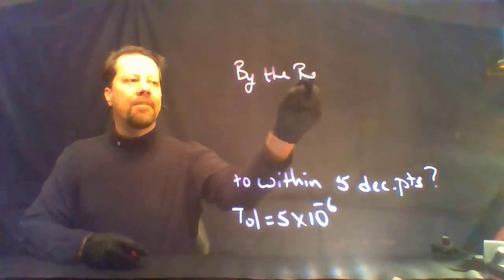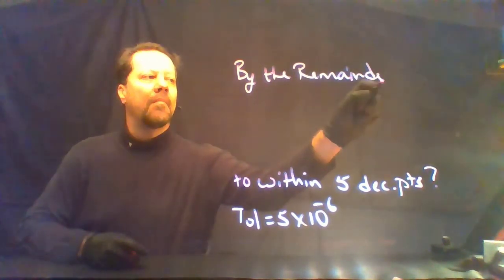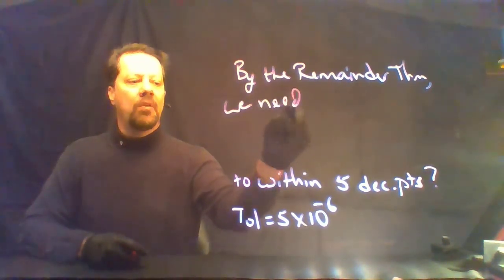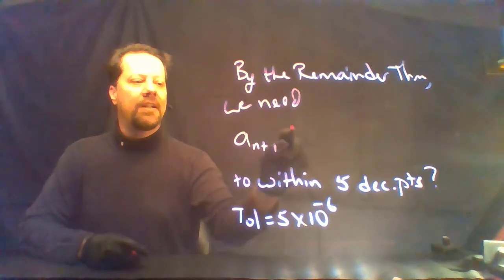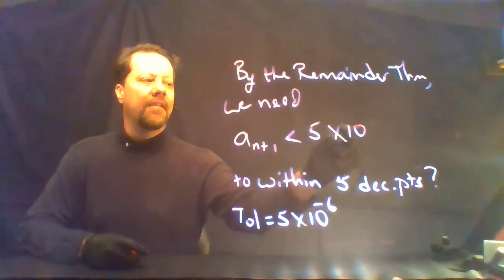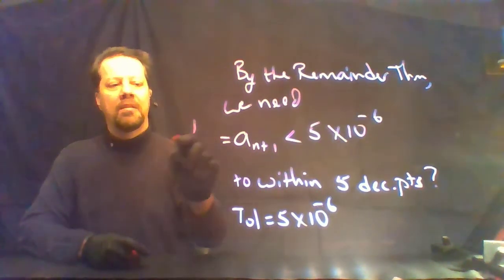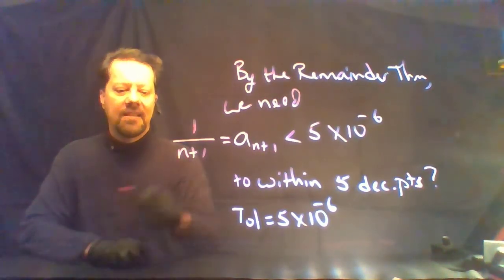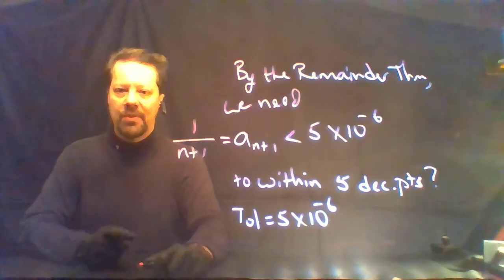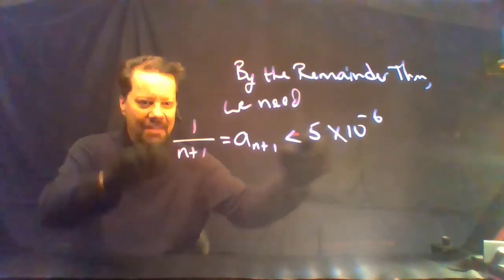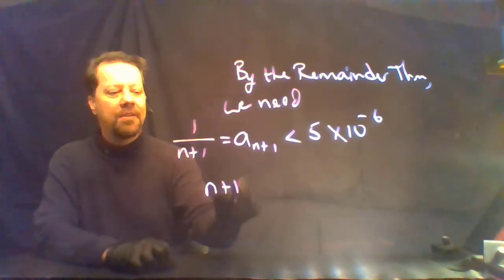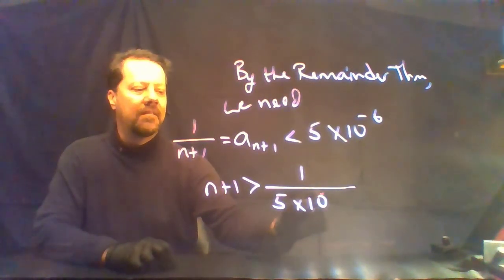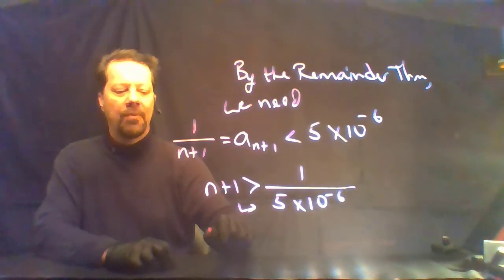By the remainder theorem, we need a_(n+1) to be smaller than our tolerance for error. But a_(n+1) is 1 over n plus 1, since a_k was 1 over k. Taking the reciprocal on both sides reverses the order of the inequality. And then we move the 1 over.